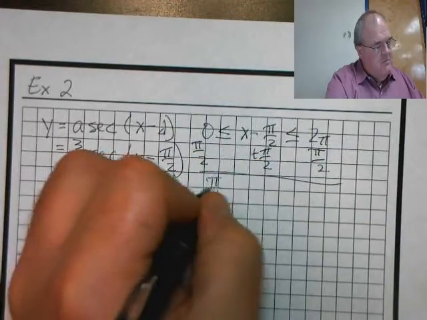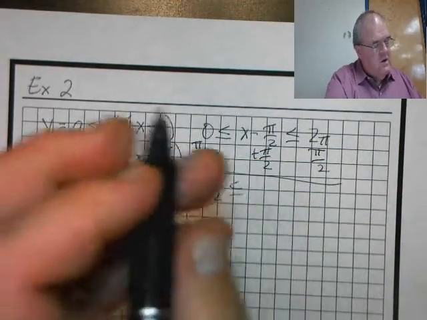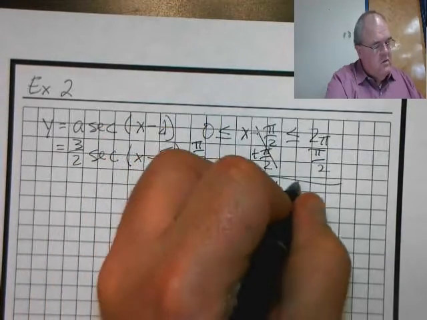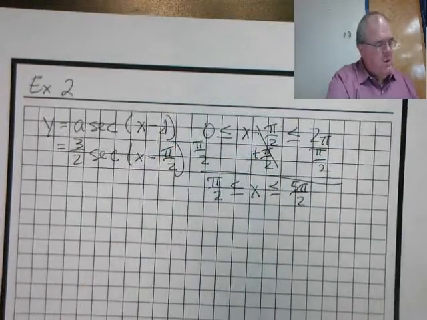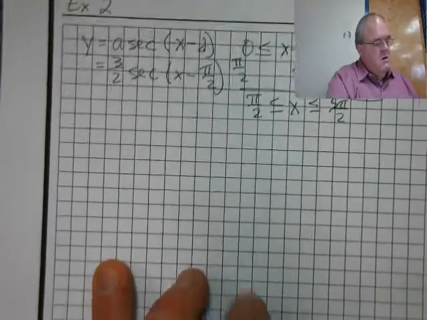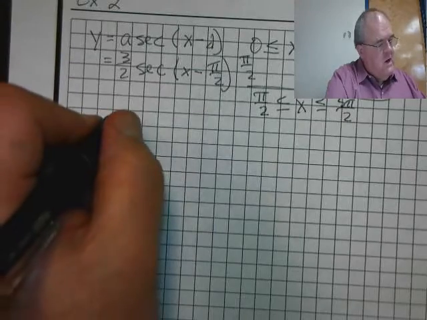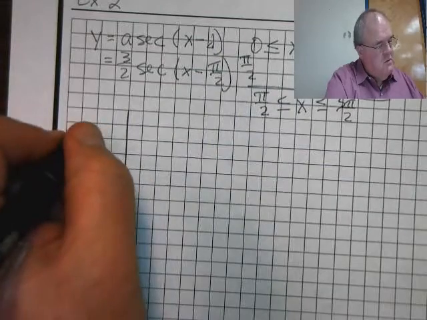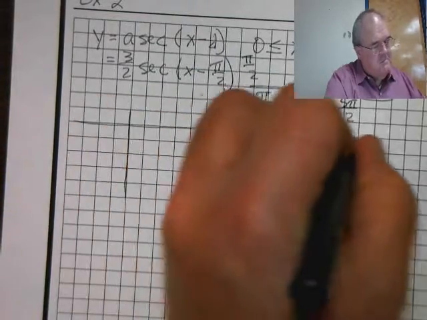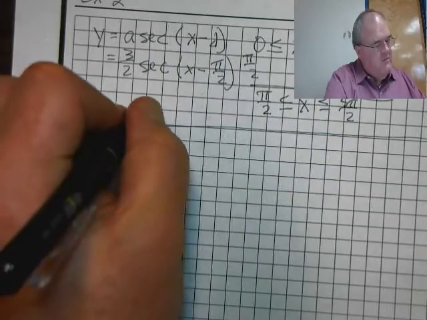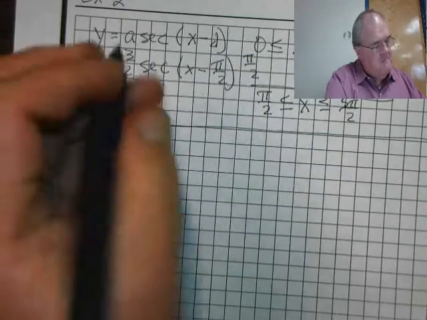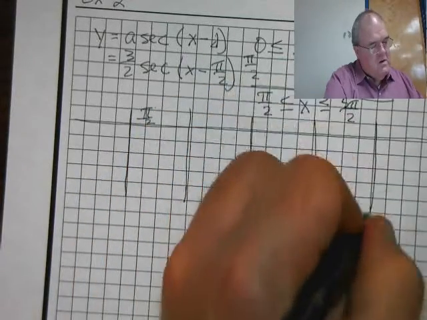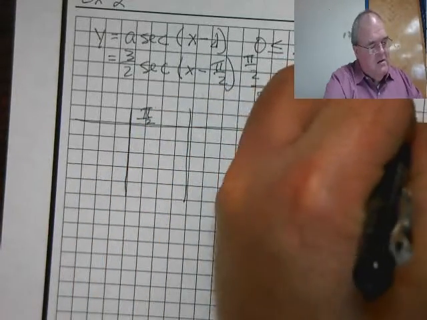And I get pi over 2 is less than or equal to x, which is less than or equal to 5 pi over 2. So now I'm going to create my table. And I'm going to say that I have pi over 2 and I have 5 pi over 2.